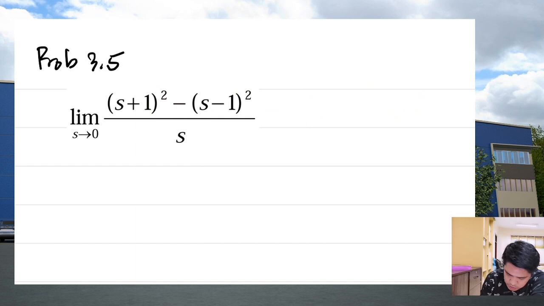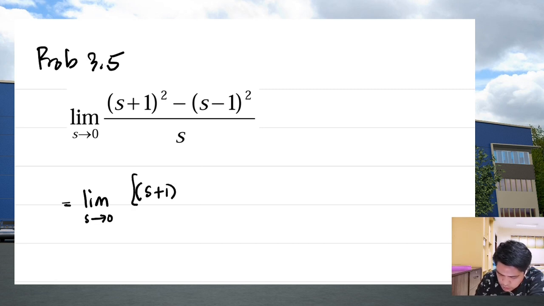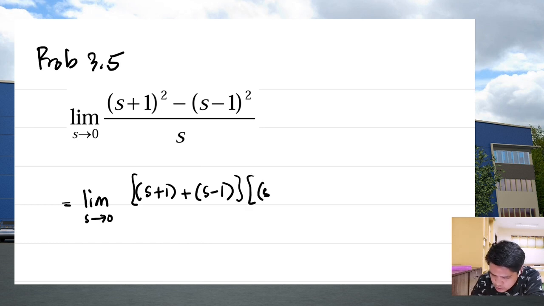Okay, so let's do that. So that becomes a limit as s approaches to 0 of yung a natin is s plus 1 plus b, which is s minus 1, then multiplied by a, which is s plus 1 minus s minus 1.